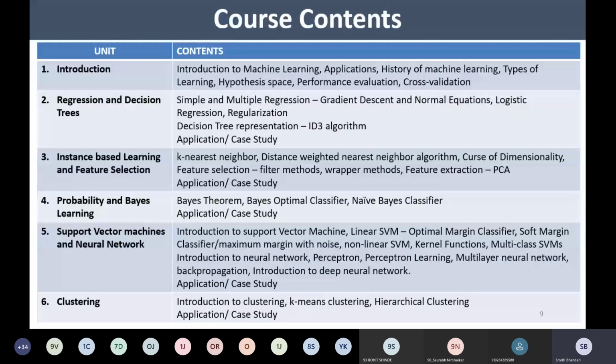In unit number 5, we are going to cover support vector machines and neural networks. So this unit is a bit lengthy because we are going to have 2 different kinds of algorithms in one unit. In detail, we are going to discuss SVM, the support vector machine, and how SVM can be used effectively for classification tasks.